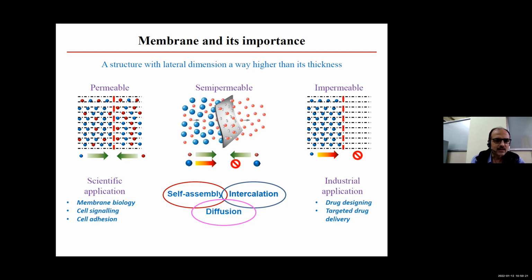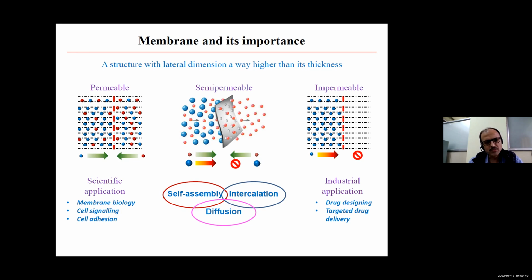And the living cell has a very unique feature: it can be permeable for some molecules, semi-permeable for some molecules, and completely impermeable for other molecules, depending on the requirement and the environment where it is working.